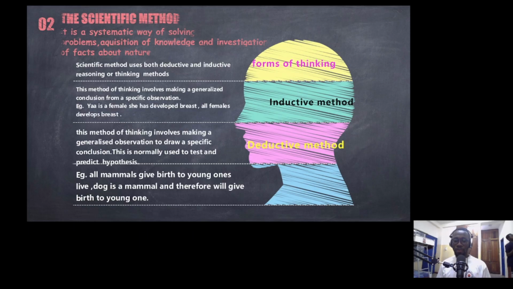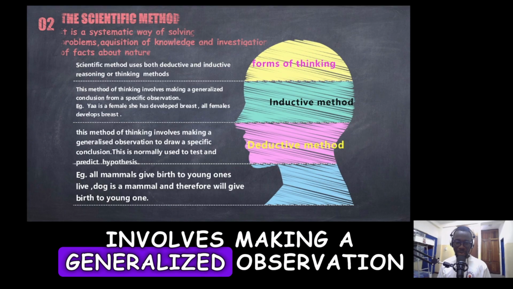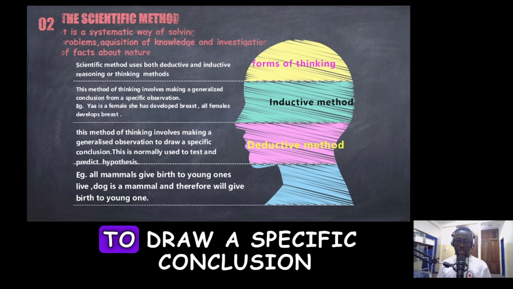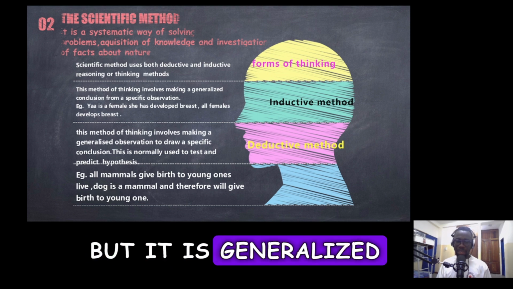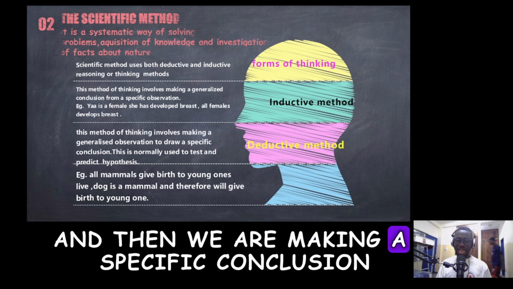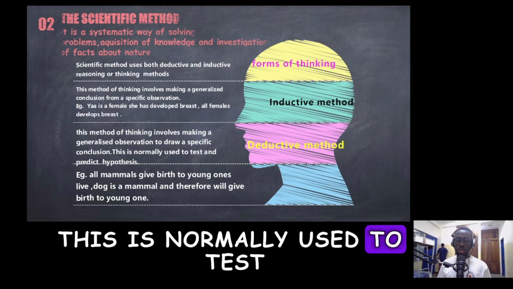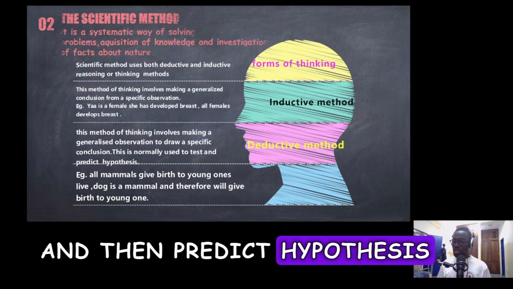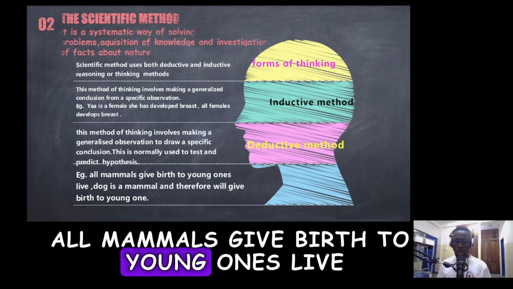So let's look at the next form of thinking. We have the deductive method. This method of thinking involves making a generalized observation to draw a specific conclusion. So here, the observation is not specific, but generalized, and then we make a specific conclusion. This is normally used to test and predict hypotheses. So, for example, all mammals give birth to live young ones.